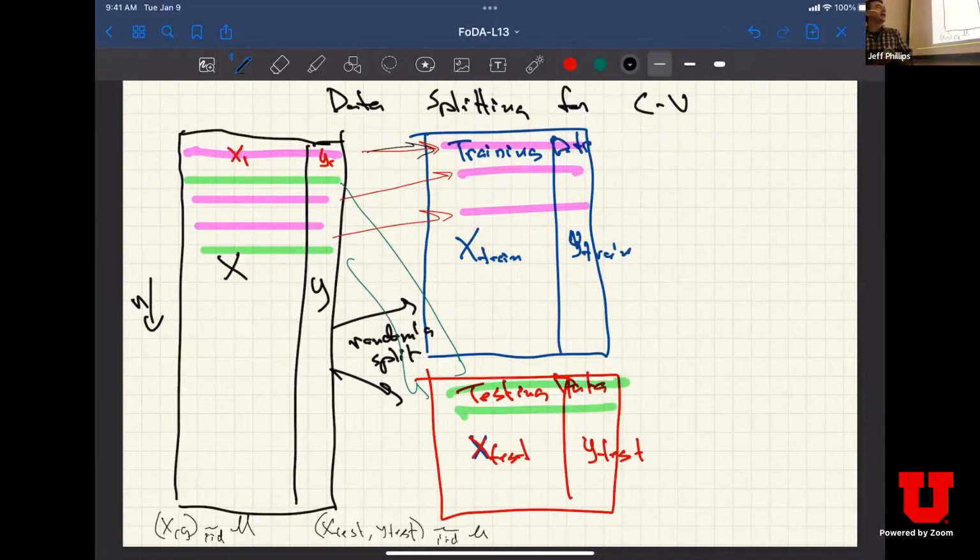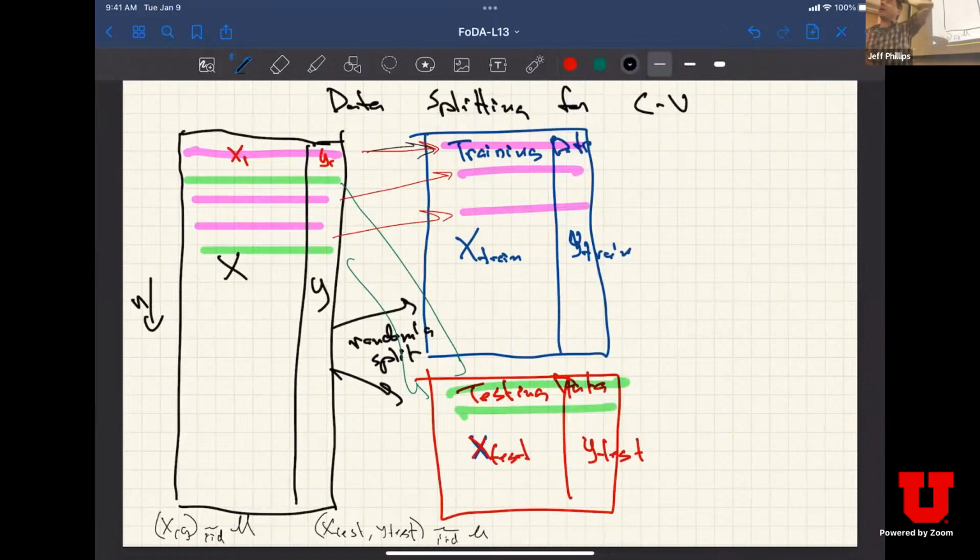So when we evaluate on the testing data, that's a good representation of what data we have not seen yet is going to look like.